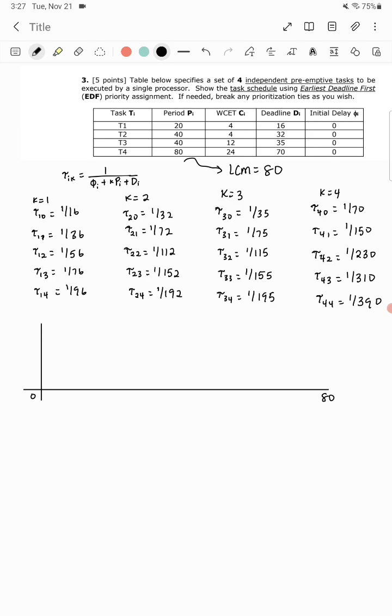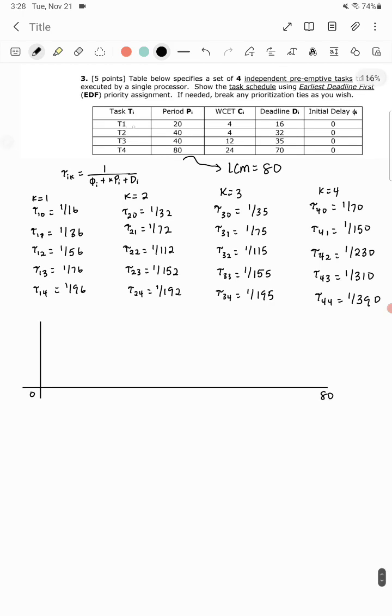period on this timing diagram. So for now, we want to look at the period. The period for each of the individual tasks tells us how many intervals of that particular task are going to exist. For instance, you see T1 has a period of 20.